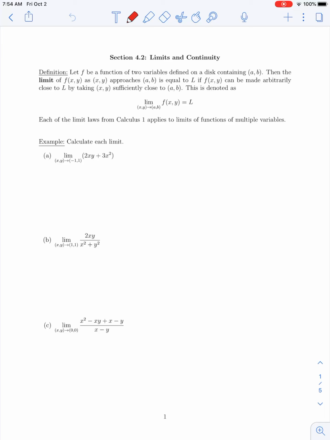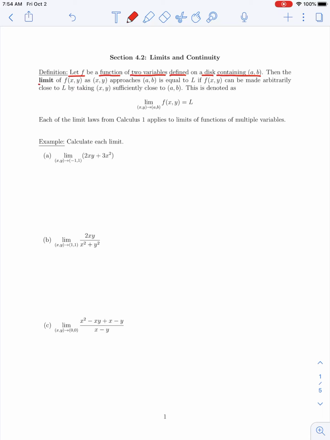So let's consider the simplest case where we have a function f of 2 variables. And let's suppose that this function is defined on some disk containing the point (a, b). So this function is defined on some domain which is containing the point (a, b).